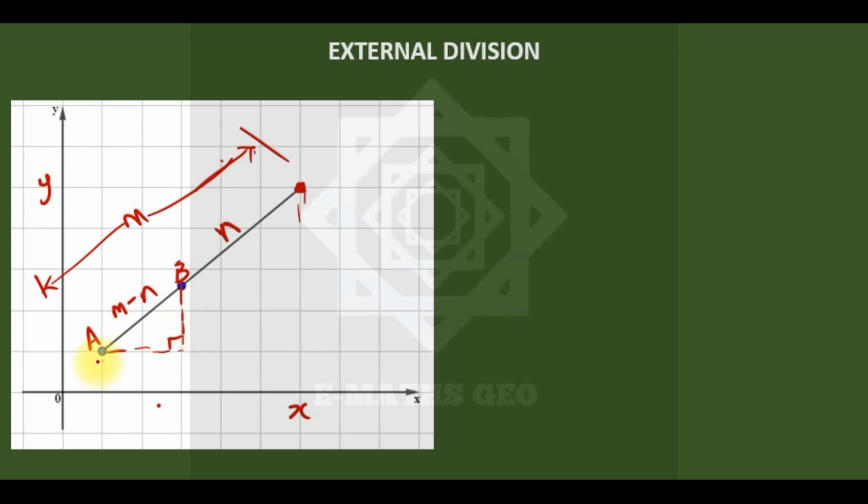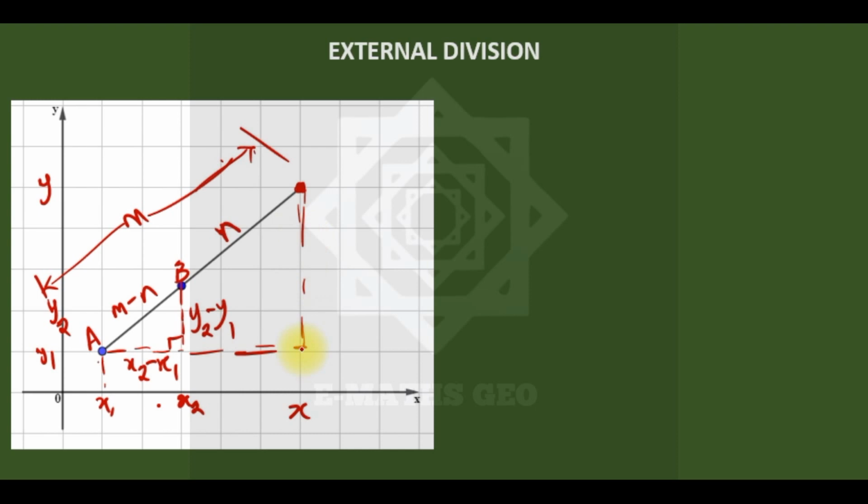So remember this is x1, y1, and this is x2, y2. So this is now x2 minus x1, and this is y2 minus y1 for the bigger right triangle.